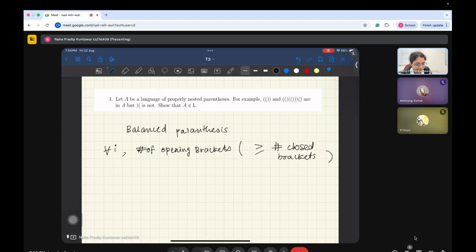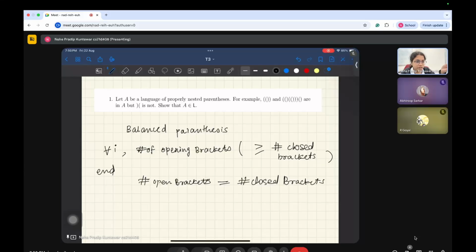And at the end you want the total number of open brackets to be equal to the total number of closed brackets. If these two conditions are satisfied, then we know that it's a balanced parenthesis.